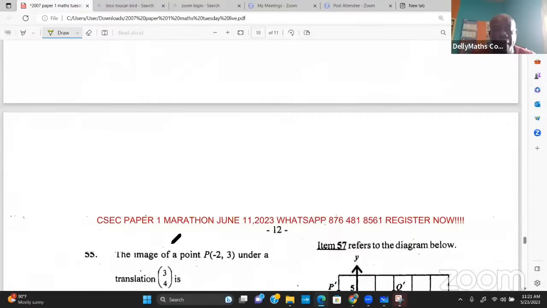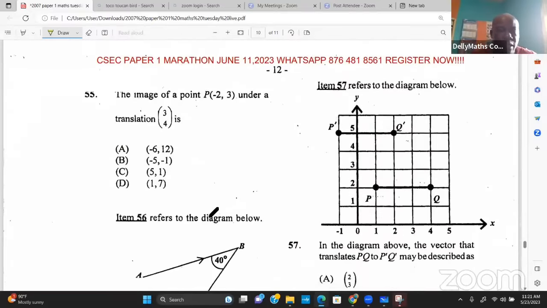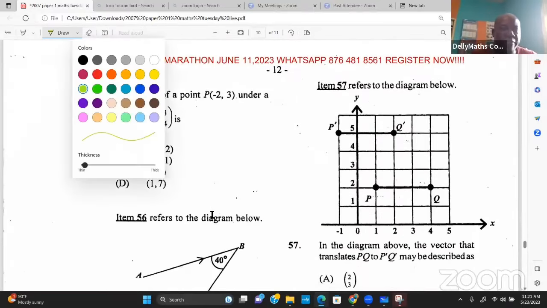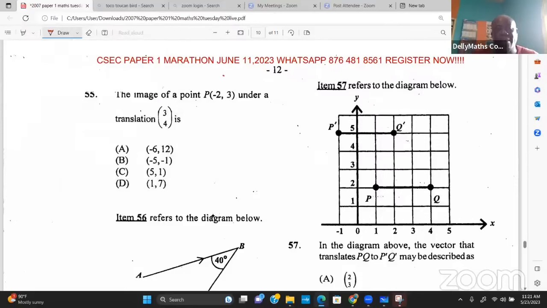All right. We're going to 55. So 55 says here, it says that the image of the point -2, 3 on the translation 3, 4 is what? So again, object plus translation gives image.